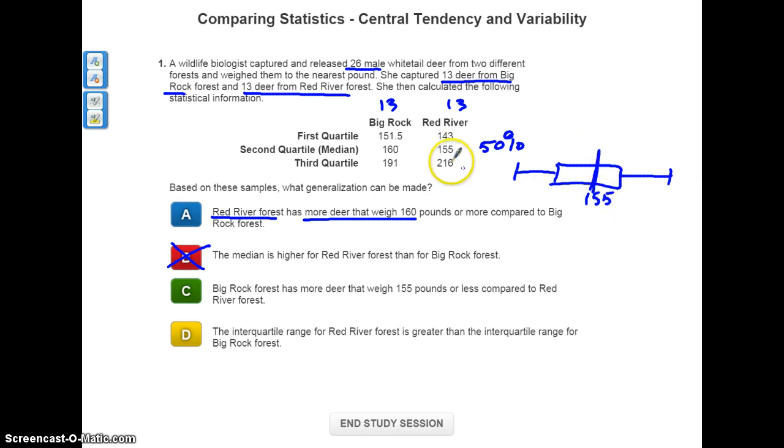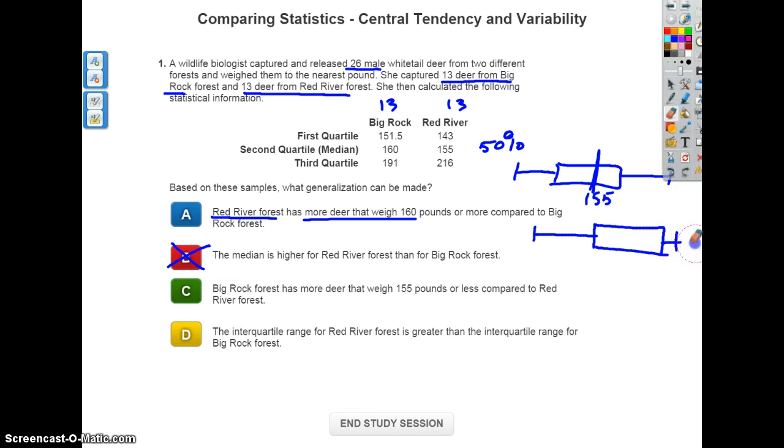Does that mean this 50% would be higher than Big Rock's median? Well, probably not, because Big Rock's box and whisker plot is actually skewed up a little bit more, so that one would be down a little further. The way I know that is because I'm looking at all these different quartiles. Their median is right here at 160, so 50% of their data is actually above 160. So that's actually a false statement as well.